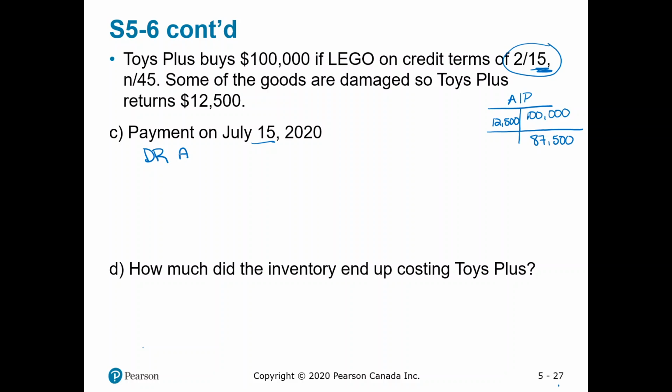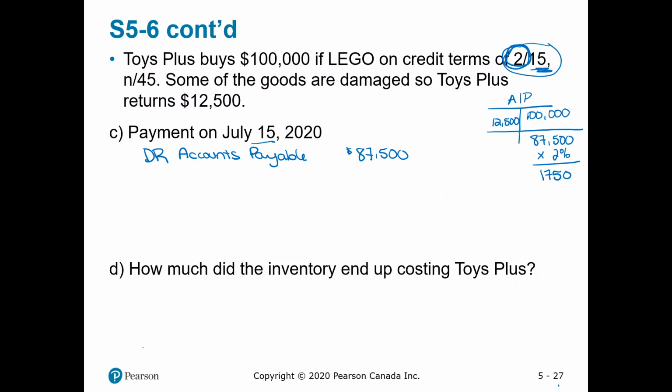So that's the amount of accounts payable that we get rid of. Debit accounts payable for $87,500. We're paying within that discount period, so we will receive this 2% discount. So we can multiply this amount by 2%. If we do the math, we get $1,750.